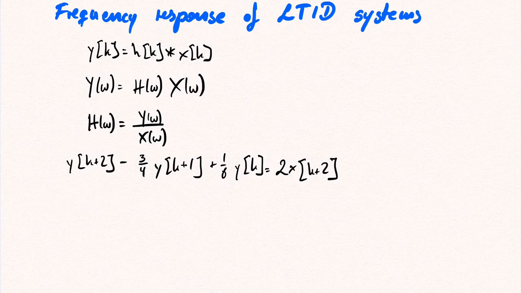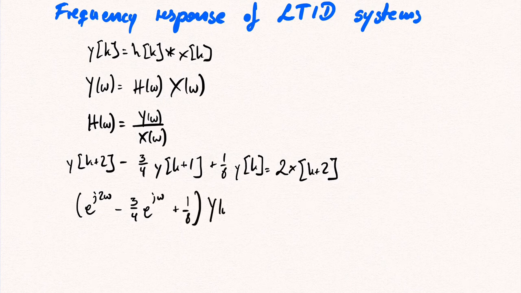Applying the discrete-time Fourier transform yields that (e^(j2Ω) minus 3/4 e^(jΩ) plus 1/8) times Y(Ω) is equal to 2 times e^(j2Ω) X(Ω).